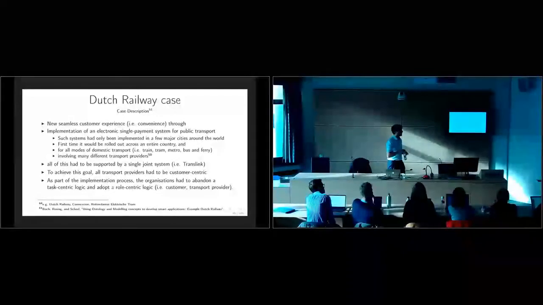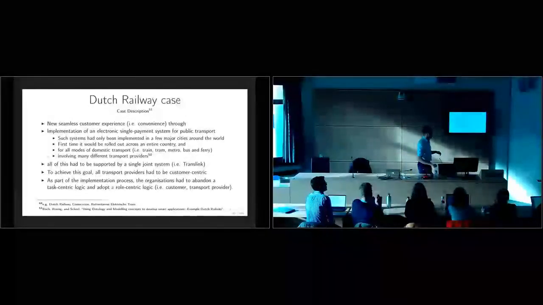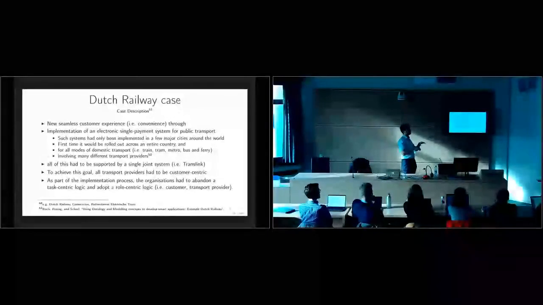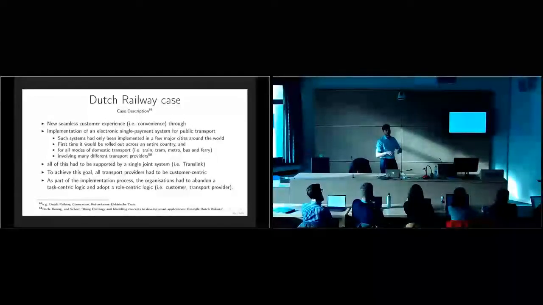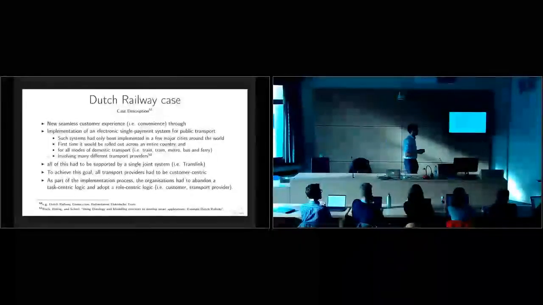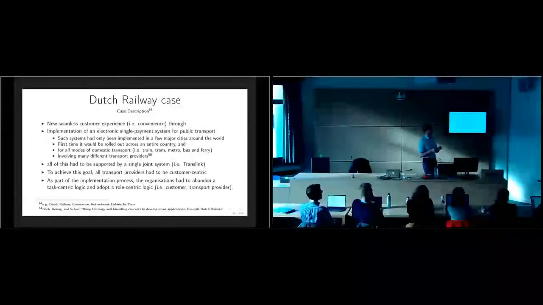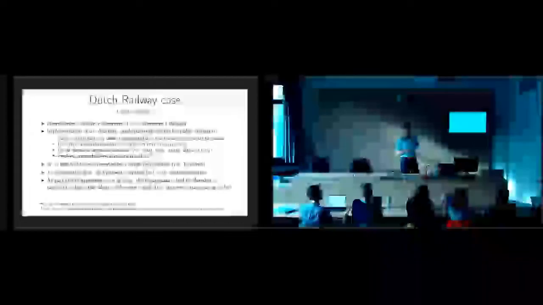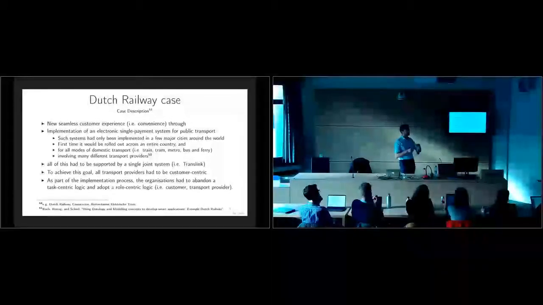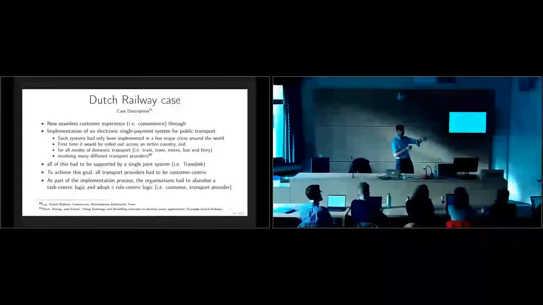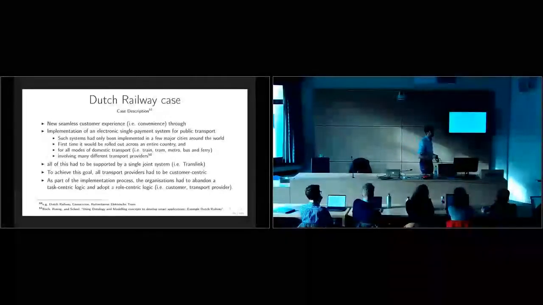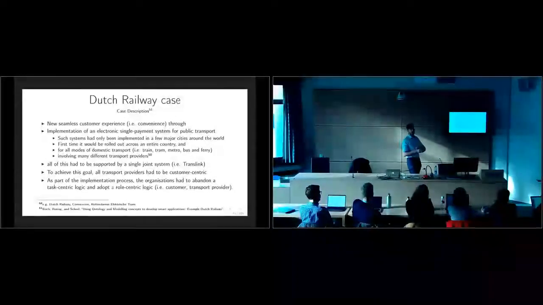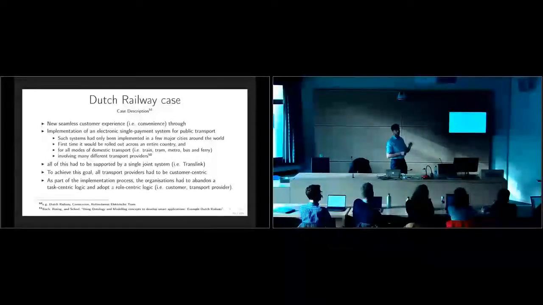And then in the end I will pay. But then the actual distribution of the money is done by the system. I don't have to pay for my trajectory from A to B to one supplier, then B to C to another supplier, then C to D to another. That's not the case. So it's end-to-end transport with one payment.